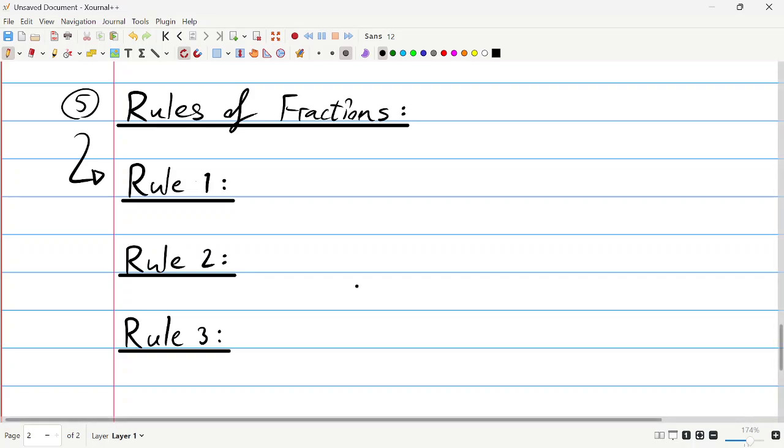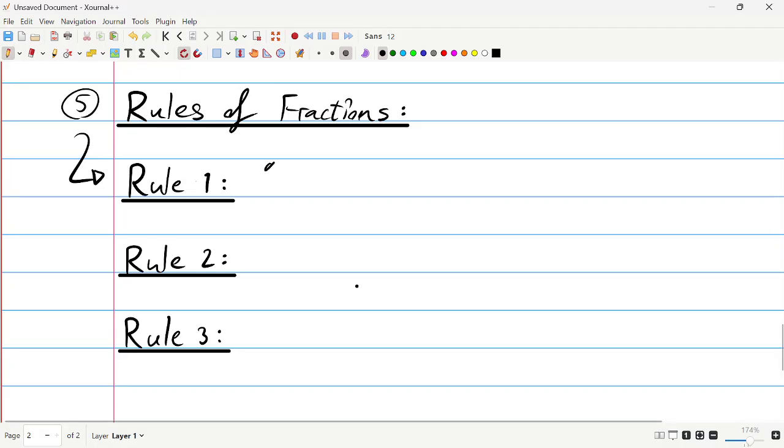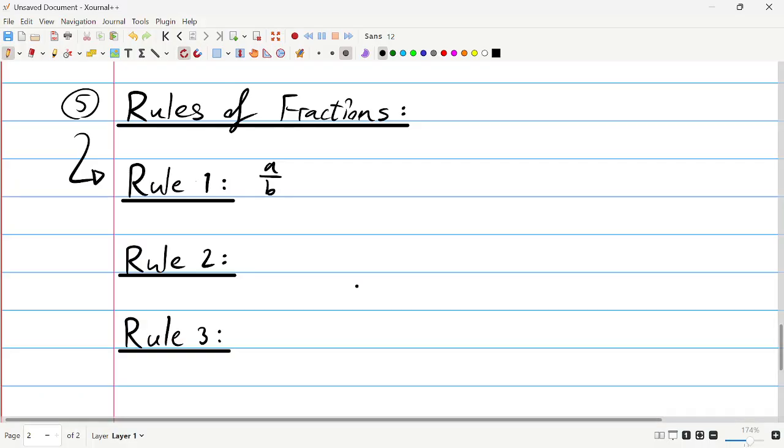Righty-dighty. So if we have the following, this is rules of fractions, okay? So we're going to do the rules of fractions quickly, then we're going to do one question, and then we'll call it a day for this lesson. So if we have a case where it's a divided by b, and we multiply it by, let's say, c over d.